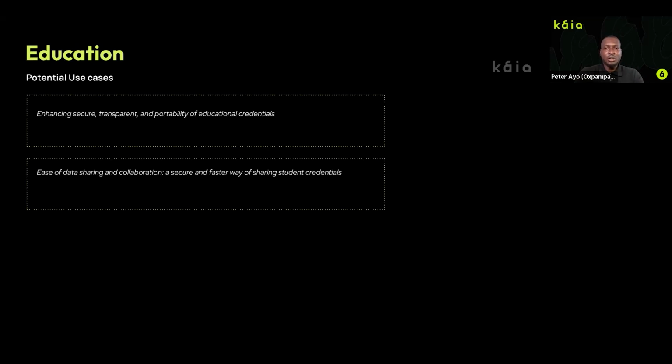We also have education. For the most part, blockchain can disrupt the education industry by enhancing the security, transparency, and portability of educational credentials. We've seen scenarios of students forging certificates, claiming that they graduated from MIT or whatever.